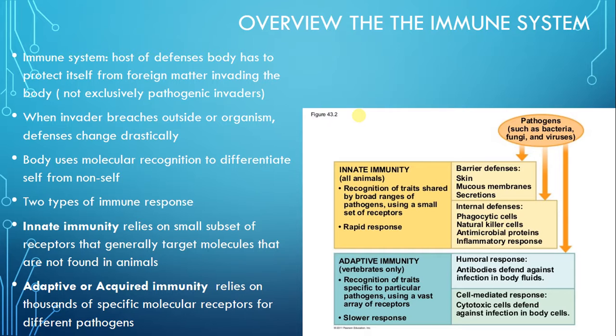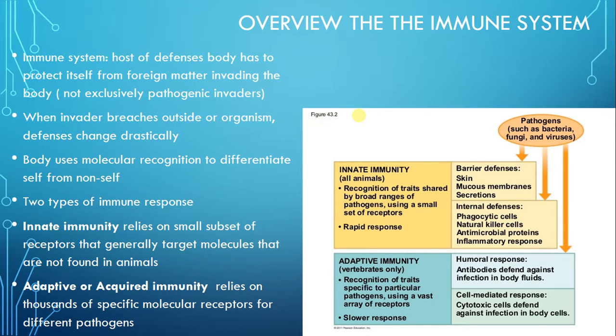So it could be a harmless piece of foreign material, like in the case of allergies, where it's not necessarily pathogenic. Your immune system will still try to fight it off.